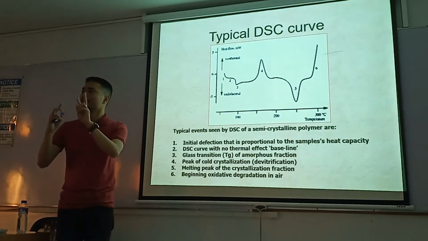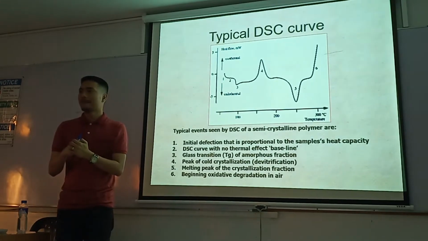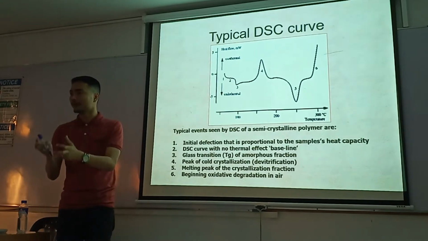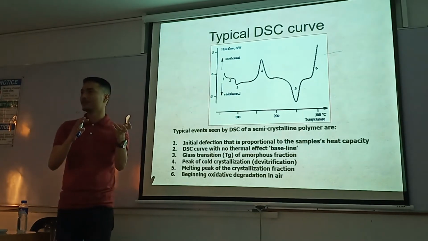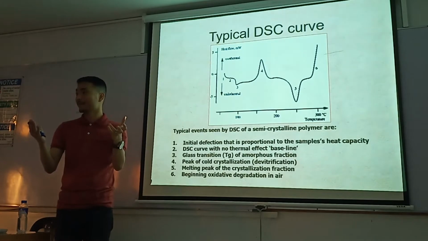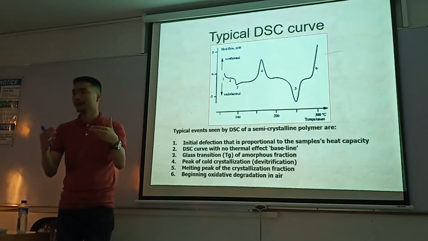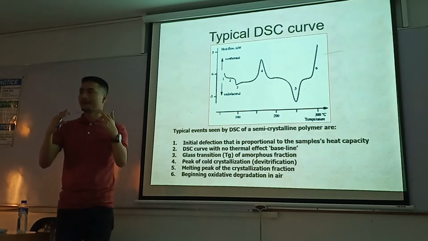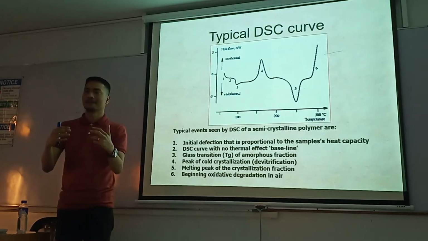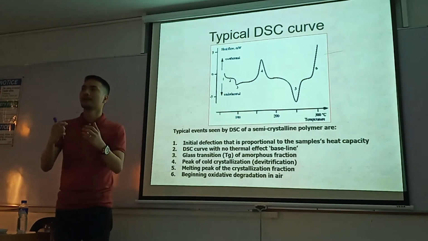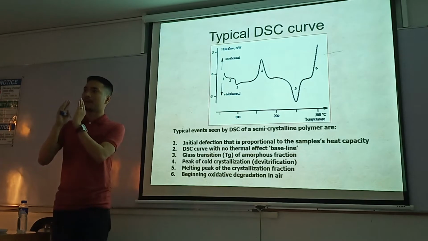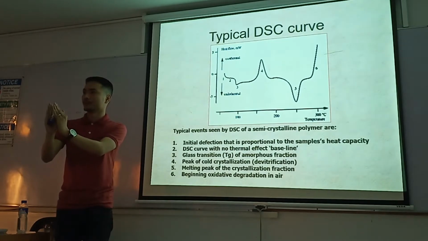The two thermodynamic entities with another thermodynamic entity, which is what? The heat flow. Is it going up or down? Is the material absorbing heat or releasing heat at a particular thermal transition?